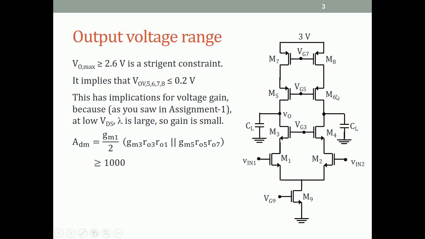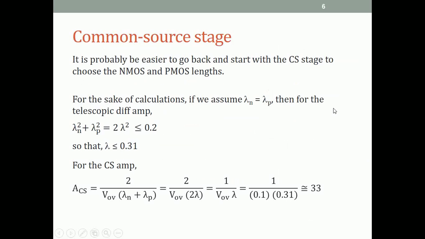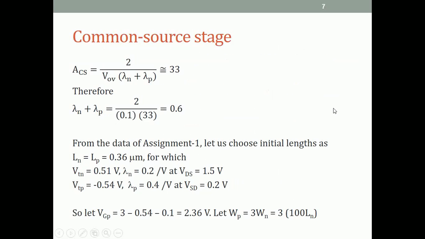So 3 minus 2.6 is 0.4. So across each PMOS, the DC voltage drop can be only 0.2 volts. And therefore, when we design the common source, the voltage drop across the PMOS has to be only 0.2 volts. All right. And because it is 0.2, its lambda will be large.